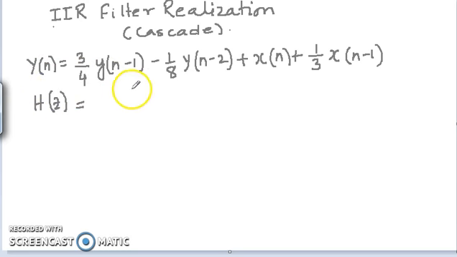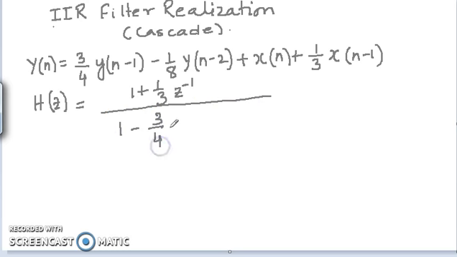as 1 plus 1 by 3 z to the power minus 1, over 1 minus 3 by 4 z to the power minus 1 plus 1 by 8 z to the power minus 2.